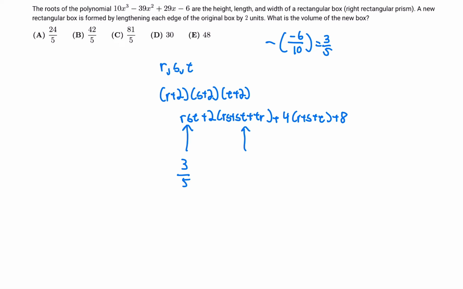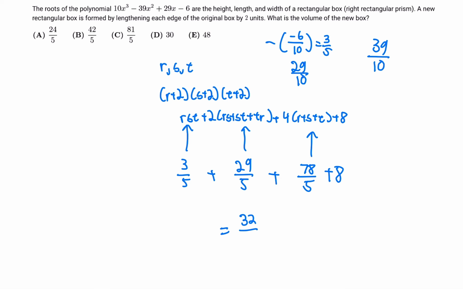This rs plus st plus tr is just 29 over 10. And then if we doubled it, we'll get 29 over 5. And then r plus s plus t is just 39 over 10. And if we double it, it becomes 78 over 5. So we want to find this plus this plus this plus 8. And this equals 32 over 5 plus 78 over 5 plus 8, which equals 110 over 5 plus 8, which equals 30.